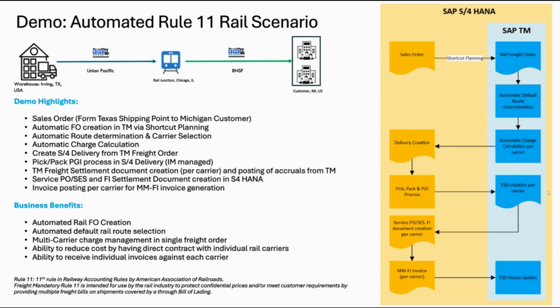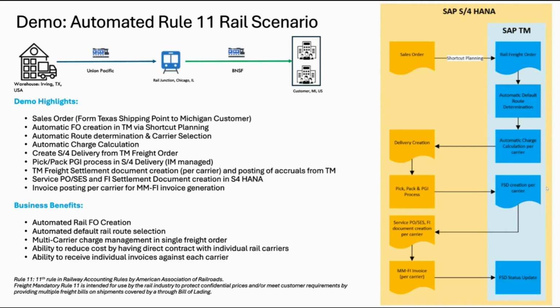This way we can see that individual rail companies can send invoices, which can be received and paid individually by the shipper. Now, what are the business benefits? All of these things can be fully automated. For example, freight settlement document creation and posting of the invoices can all be done by batch jobs.